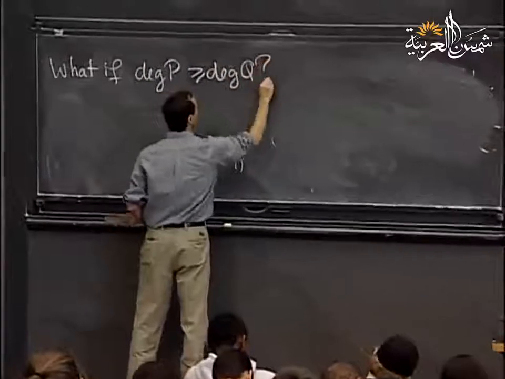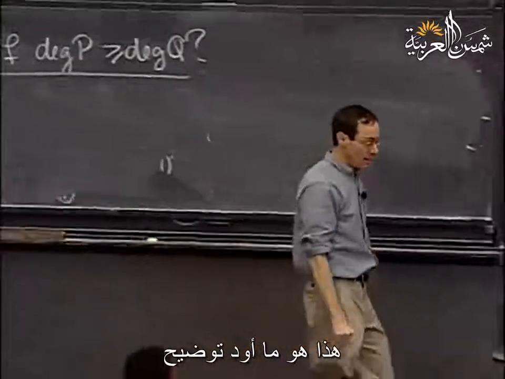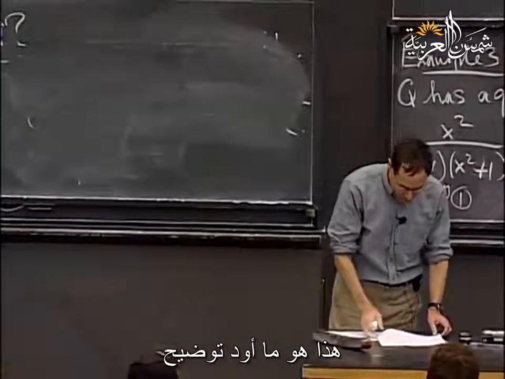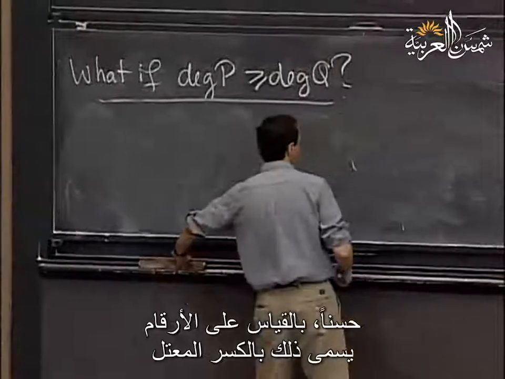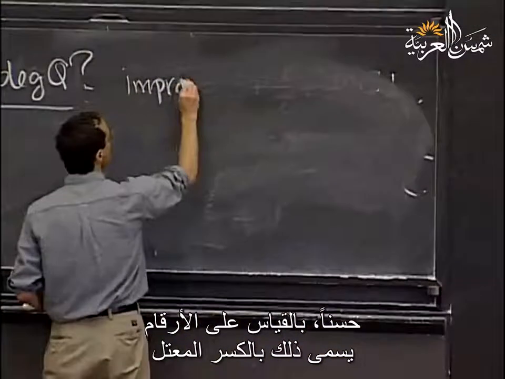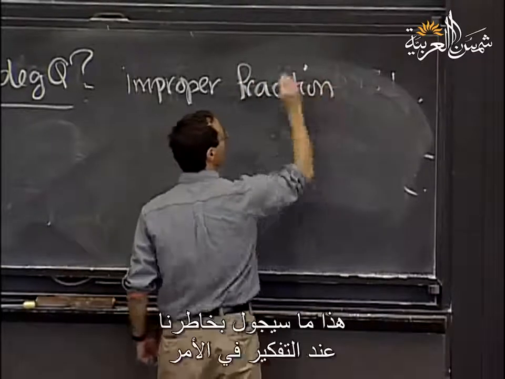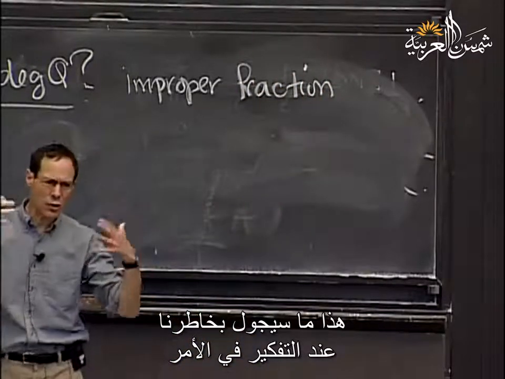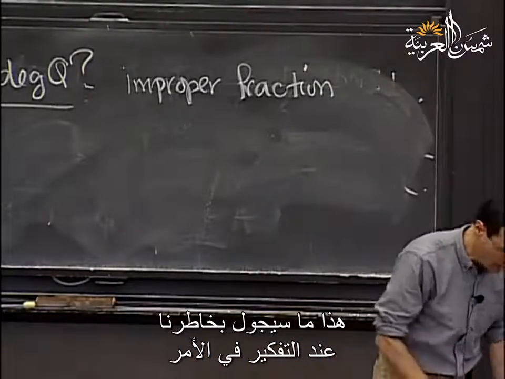That's the thing that I claimed was easier, and I'm going to describe to you how it's done. Now, in analogy with numbers, you might call this an improper fraction. That's what should echo in your mind when you're thinking about this.